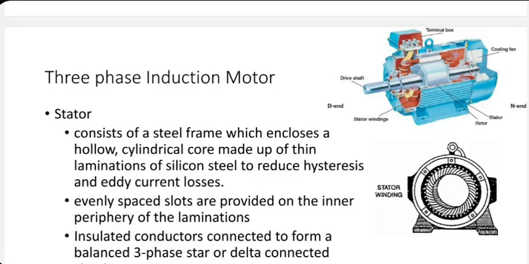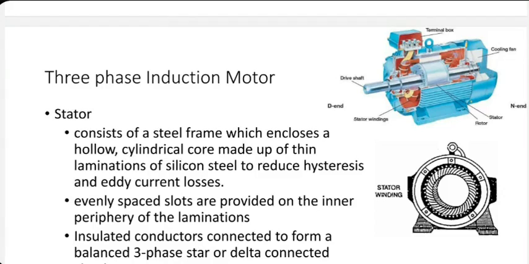The stator, whether you're talking about asynchronous motor or synchronous motor, is more or less the same. It is the rotor where the construction becomes very different. The stator has a steel frame which has a cylindrical core, and you use laminations of silicon steel because that reduces losses.